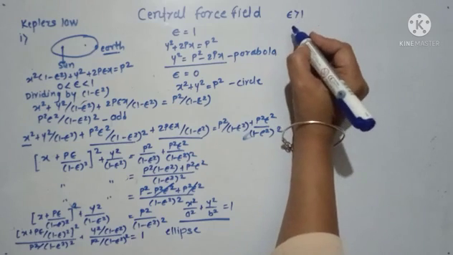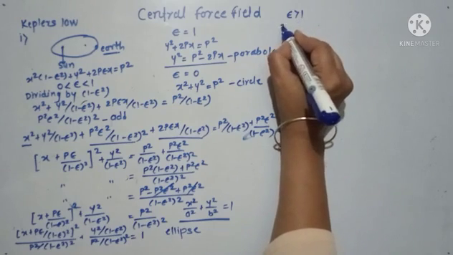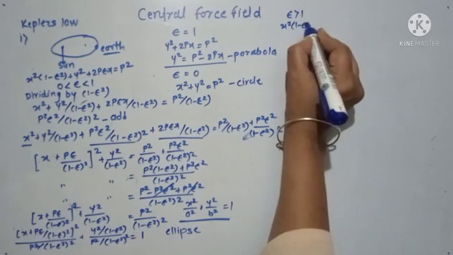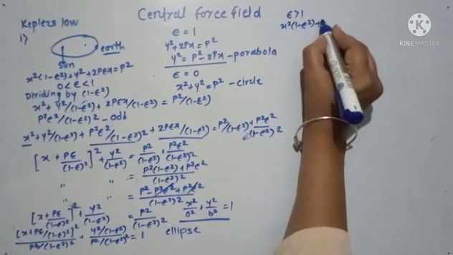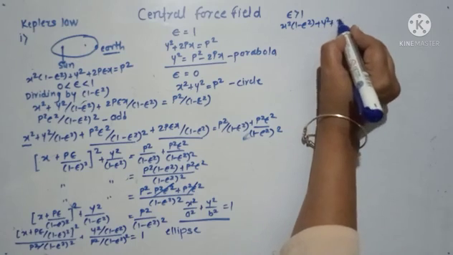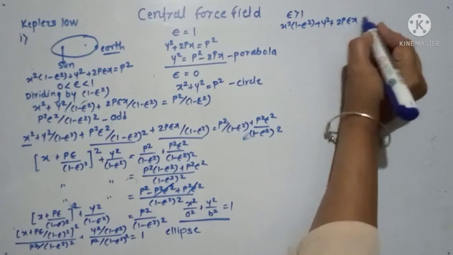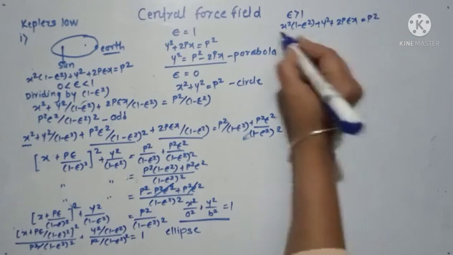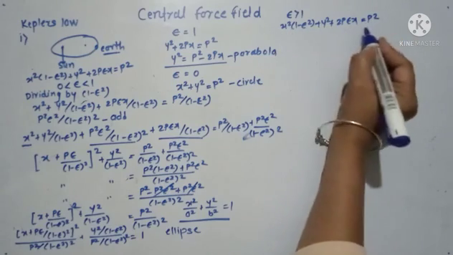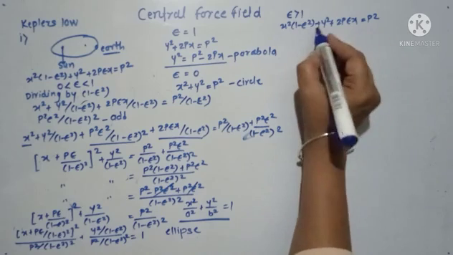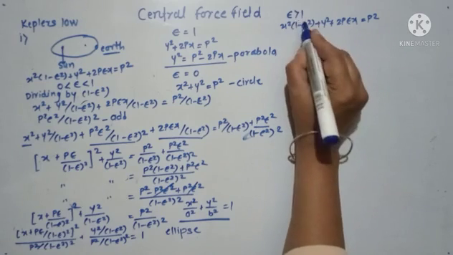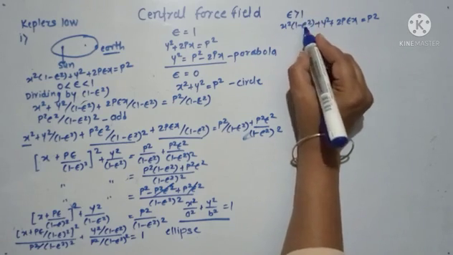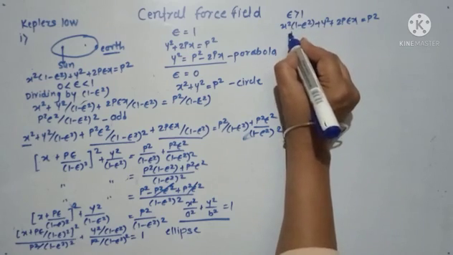So the original general equation for the conic section is x squared minus 1 epsilon squared plus y squared plus 2p epsilon x equals p squared, and I put epsilon greater than 1 for this.